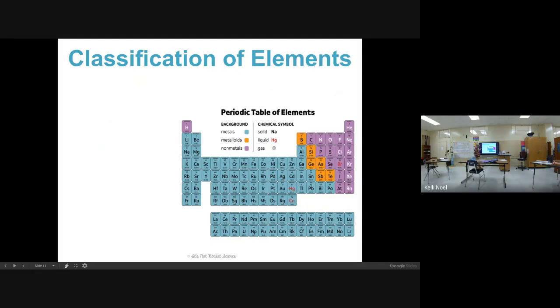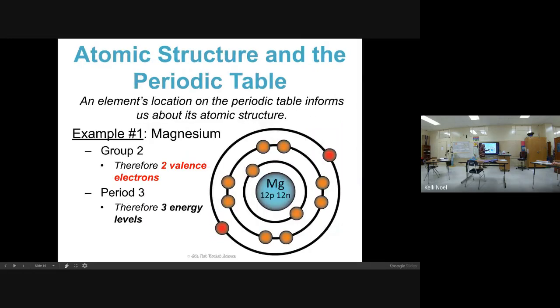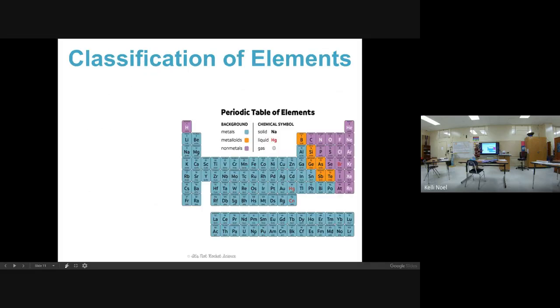And if I go back here, notice that the first energy level has only 2 electrons. The second energy level has to have 8 if you have some on the third. So if I count all these circles, 2 and 8 is 10, and the last 2 is 12, it should match the number of protons because we want electrons and protons to be equal.